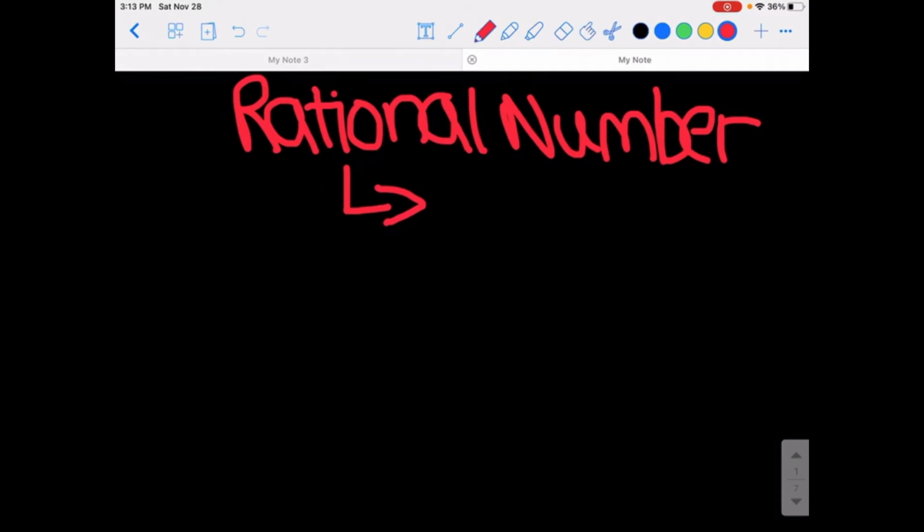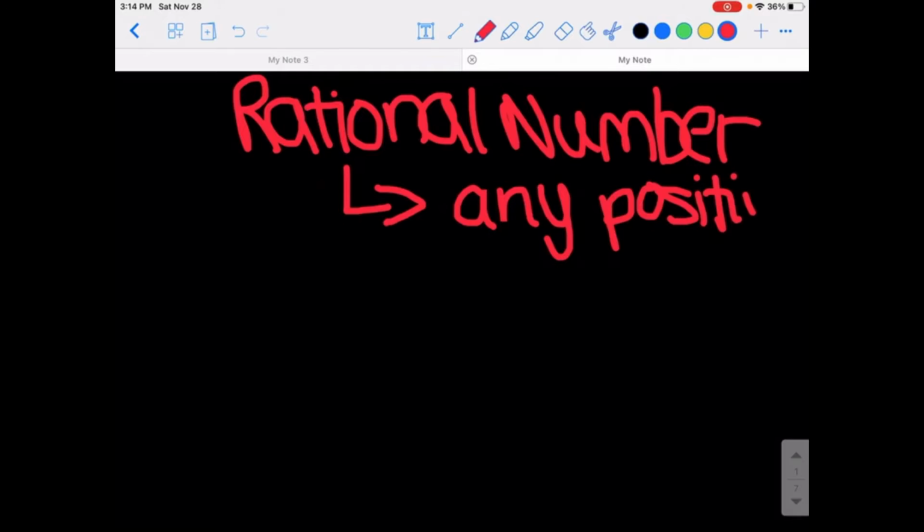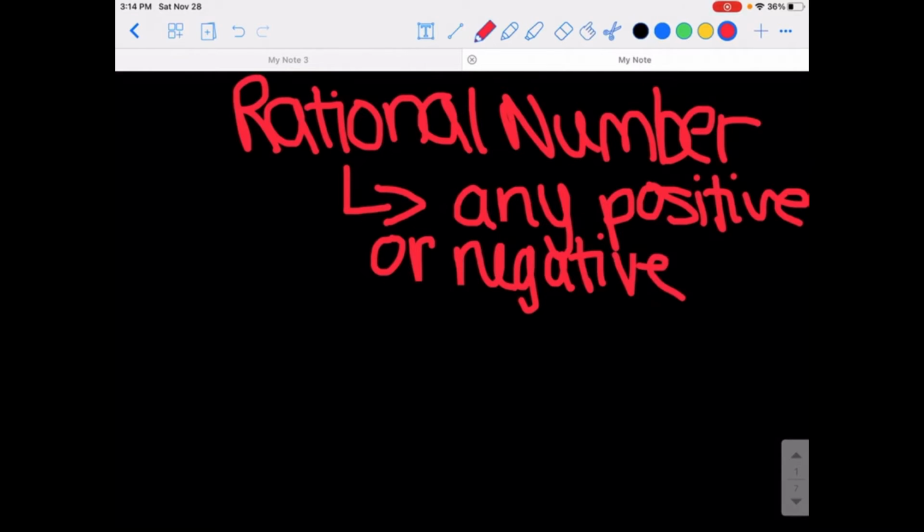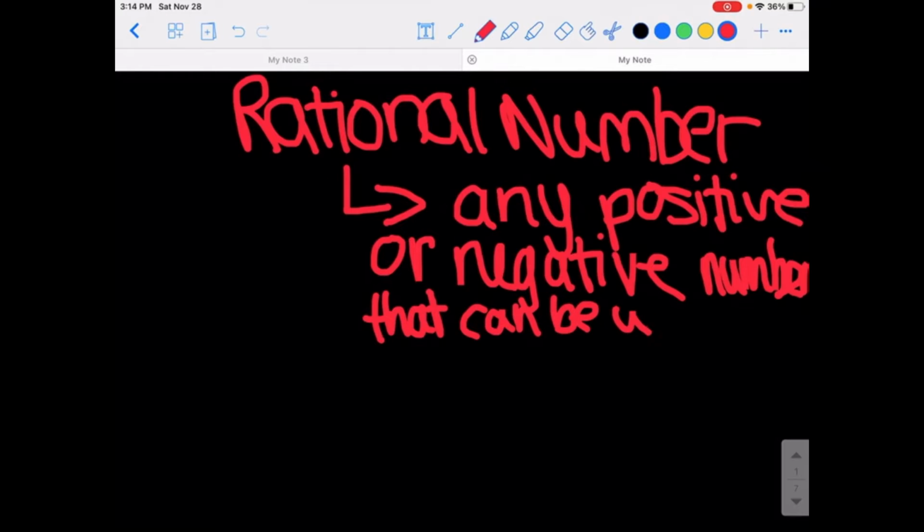So a rational number is any positive or negative number that can be written as a fraction.